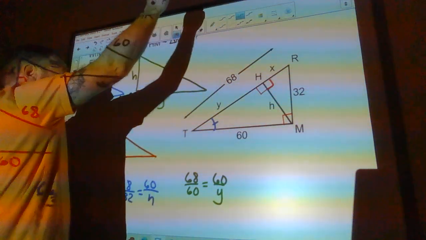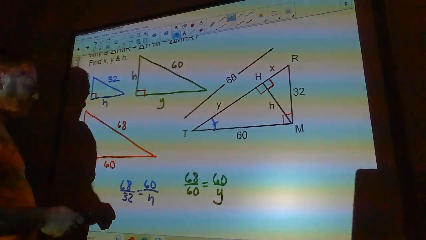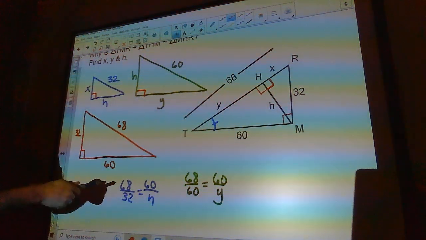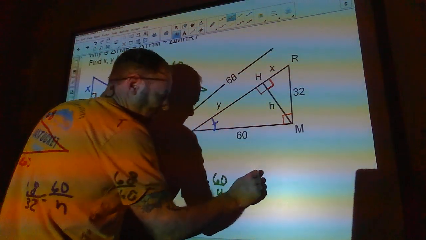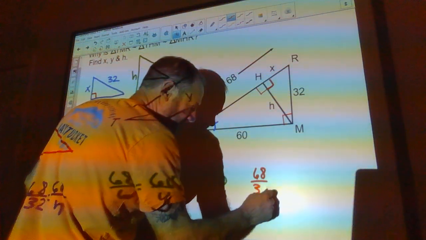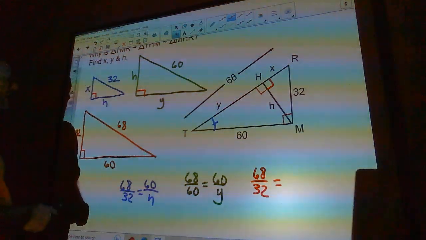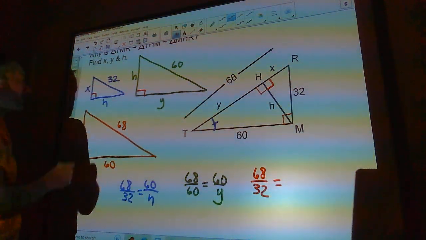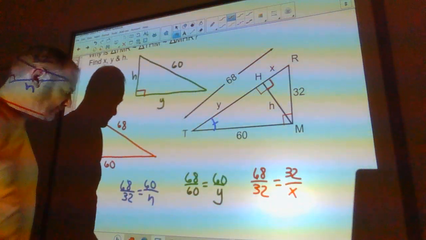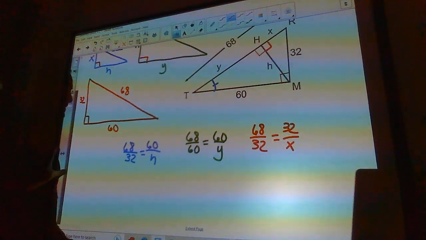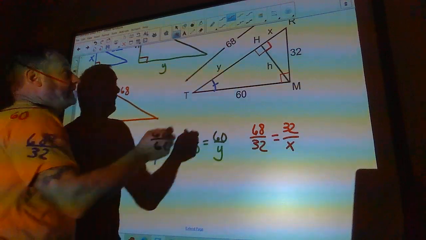And what am I missing? I'm missing x. So 68 is to 32 as 32 is to x. Now I can go ahead and solve for x, y, and h.